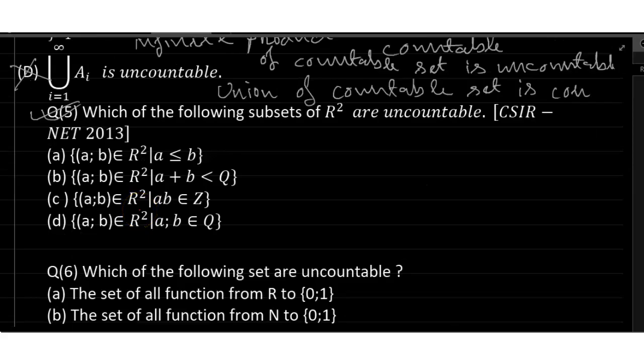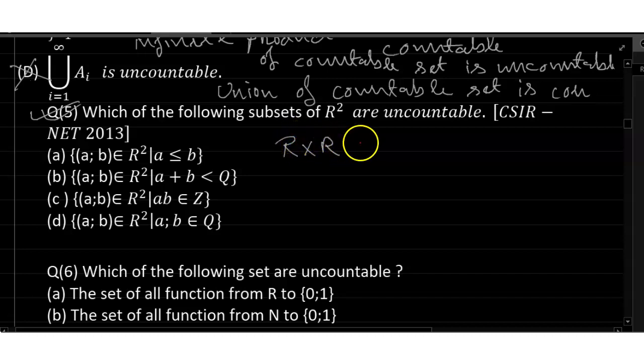Solve: (a, b) belongs to R square, a greater than or equal to b. Friends, here you see it is R cross R. R is uncountable, so it is obviously correct. And R square equal to a plus b.